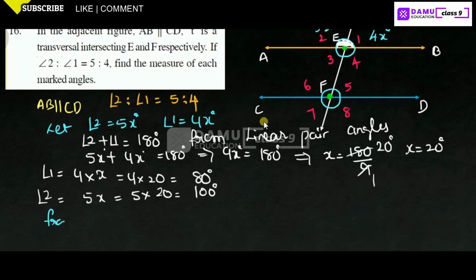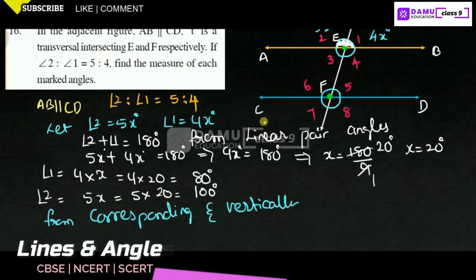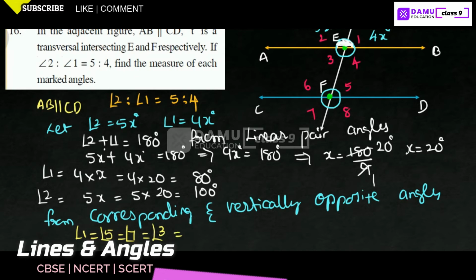So angle 1, angle 3, angle 5 and angle 7 are all 80 degrees.